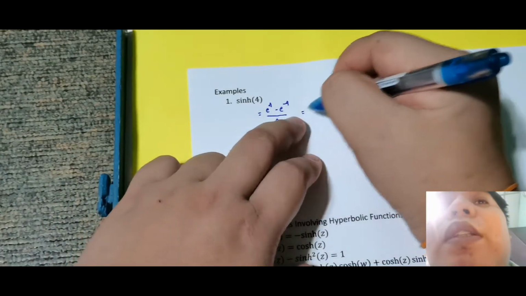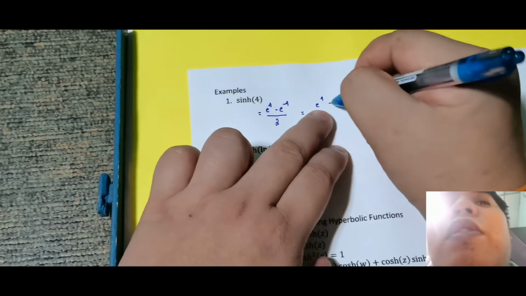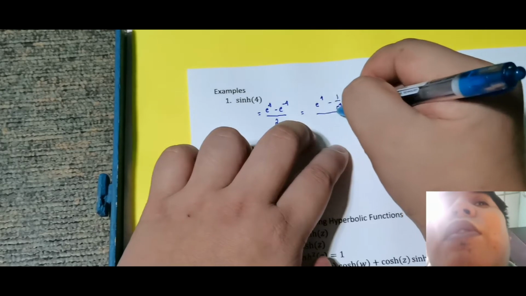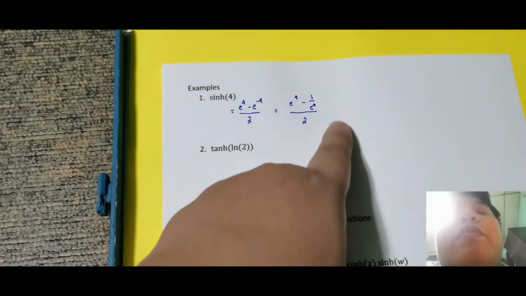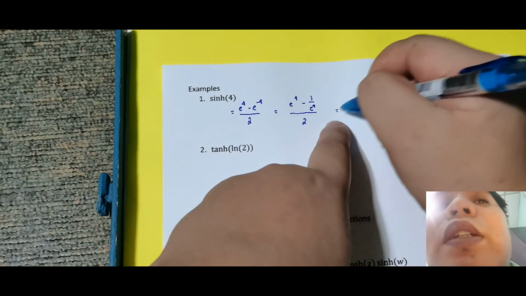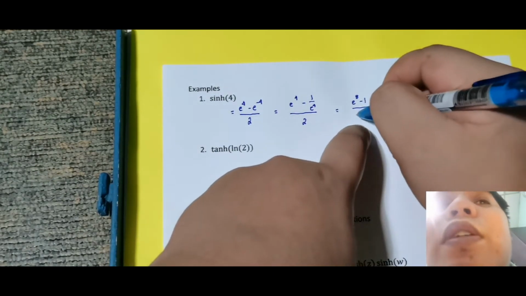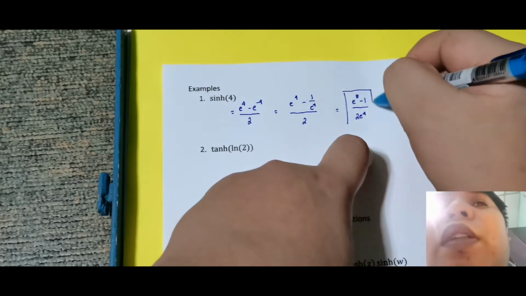This is equivalent to e raised to 4 minus 1 over e raised to 4 all over 2. Then multiply natin sa LCD na e raised to 4 lahat ng term. So that is equivalent sa e raised to 8 minus 1 all over 2 e raised to 4. Okay, so therefore ito yung kanyang sagot.